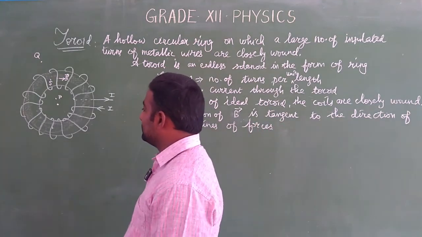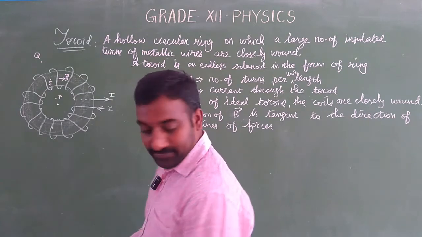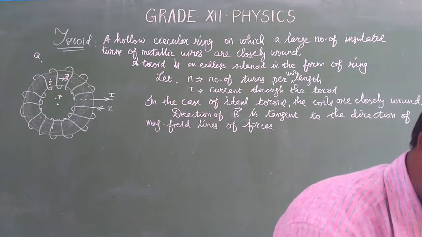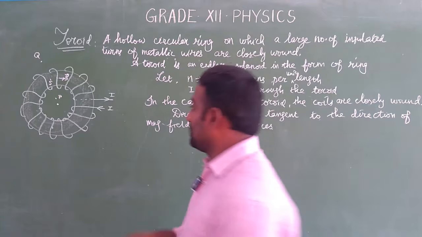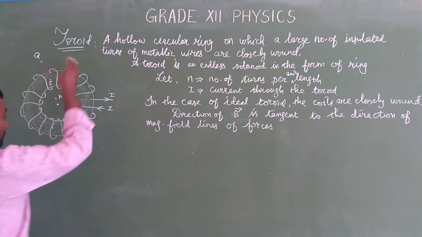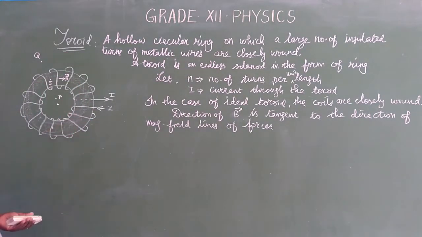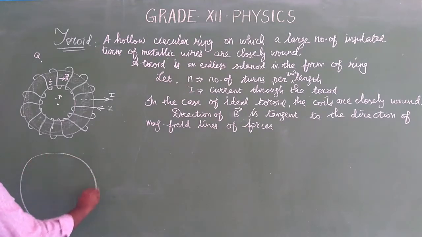Now we are going to see the cross-sectional view of the toroid, how it looks when cut. This is the actual toroid.